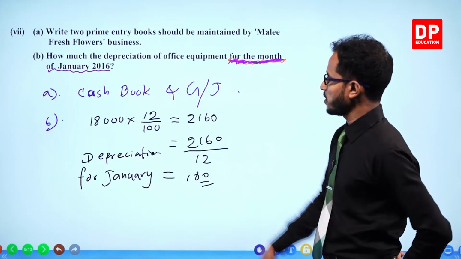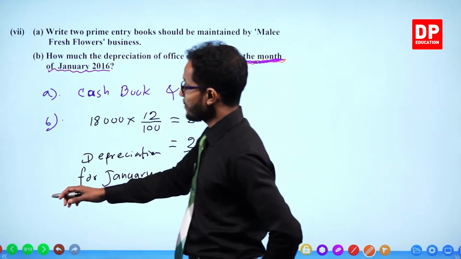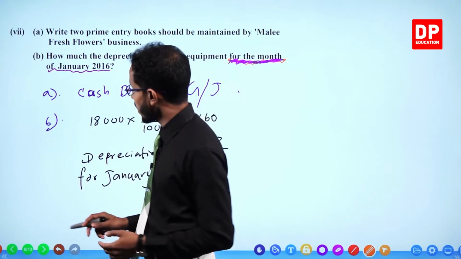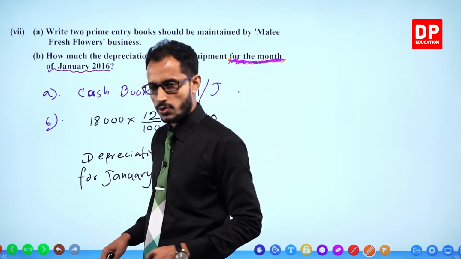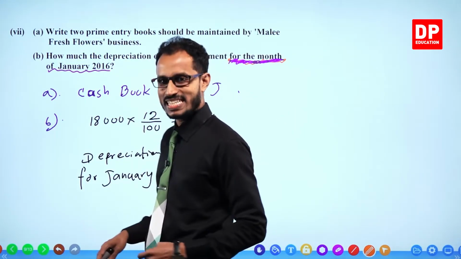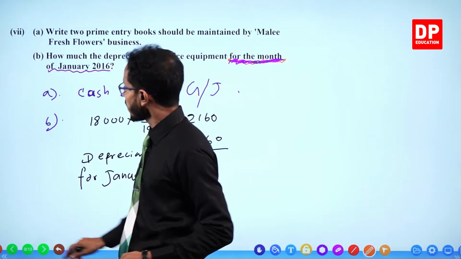For January, 180. Got it? It is not rocket science, okay? Just calculate the annual and divide it by 12. You get monthly depreciation.